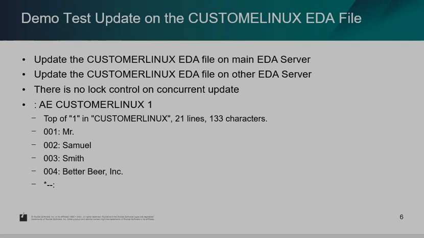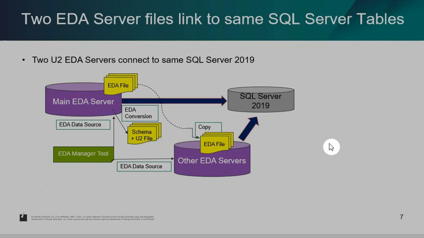So if you look at this, the main thing is you must have an EDA main server to convert your original U2 file, Universe or UniData file, through the EDA conversion to the SQL Server.